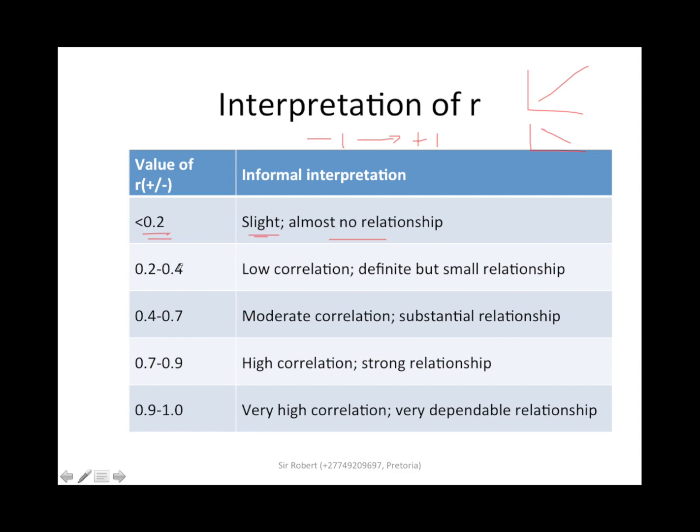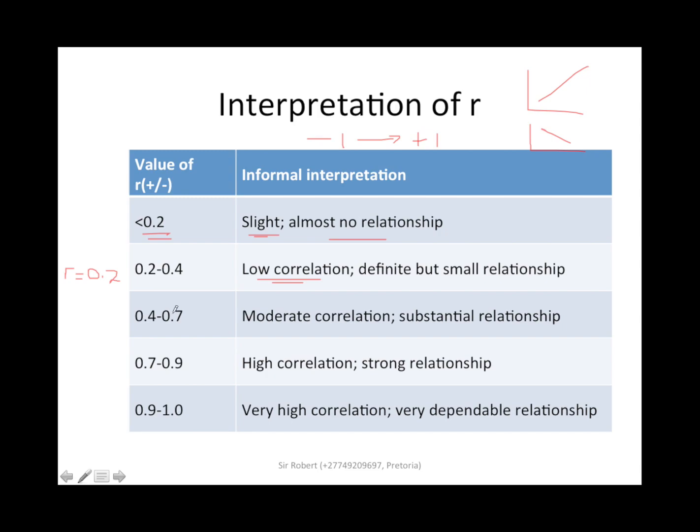From 0.2 to 0.4, you know that there's a low correlation. So we are basically saying when the R correlation coefficient is close to 0.2 or any number between 0.2 and 0.4, there is a low correlation. There is a definite but small relationship.